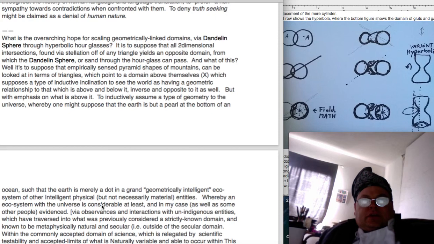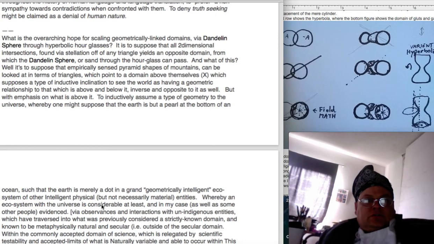What is the overarching hope for scaling geometry-linked domains via the Dendelian sphere through hyperbolic hourglasses? It is to suppose that all two-dimensional intersections found via stellation off of any triangle yield an opposite domain from which the Dendelian sphere, or sand through the hourglass, can pass. And what of this?